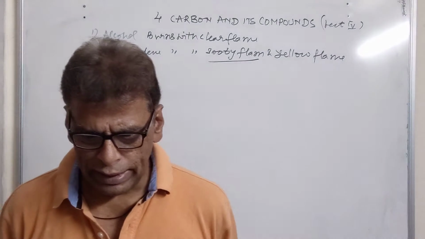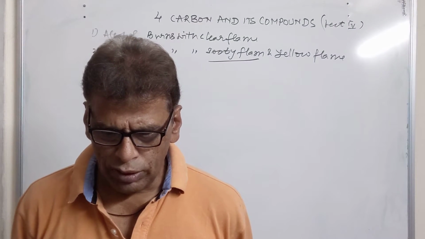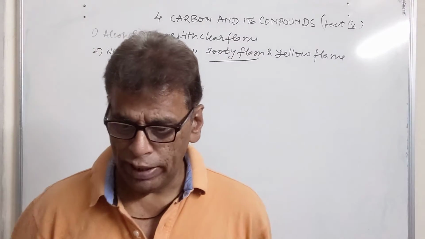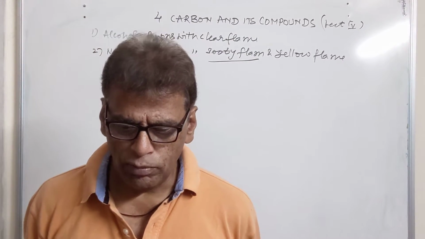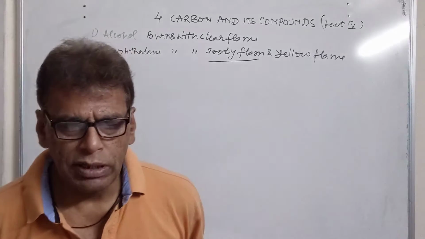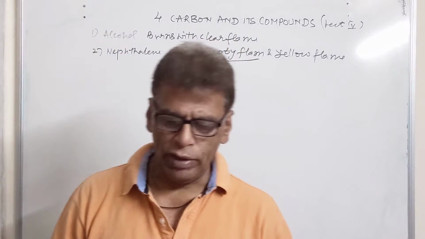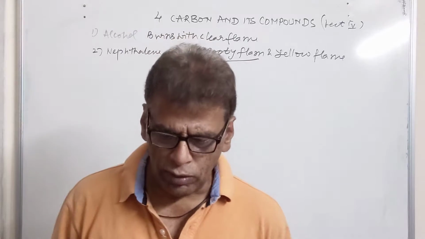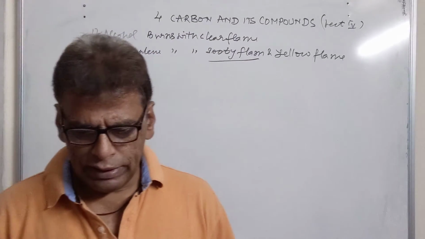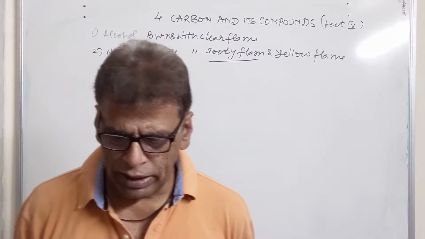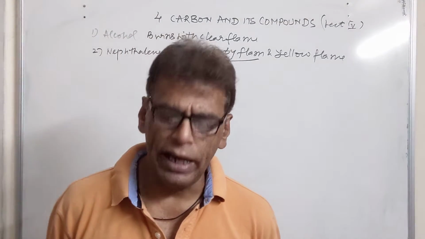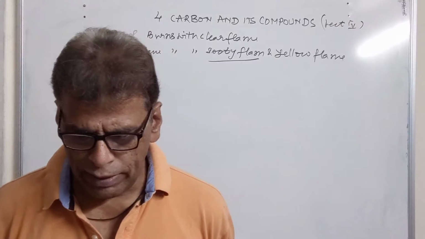Now we have another experiment: to show the different types of flame obtainable from a Bunsen burner. From a Bunsen burner we can get two types of flames. When we close its outer hole and cut the supply of oxygen from outside, the carbon fuel will not get oxidized completely and we will get the sooty flame.